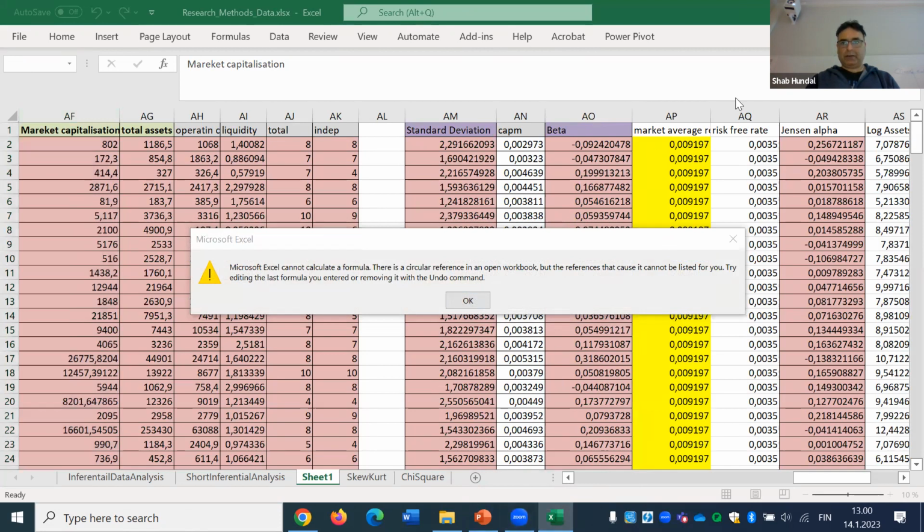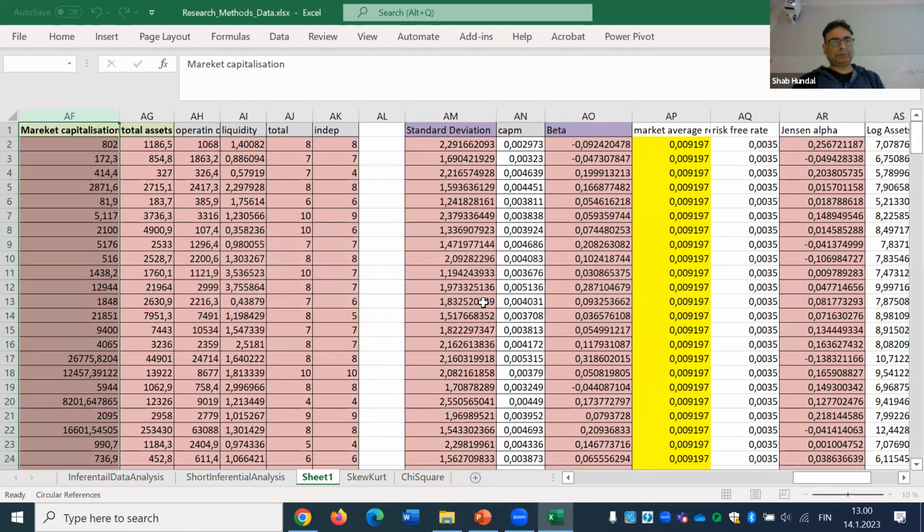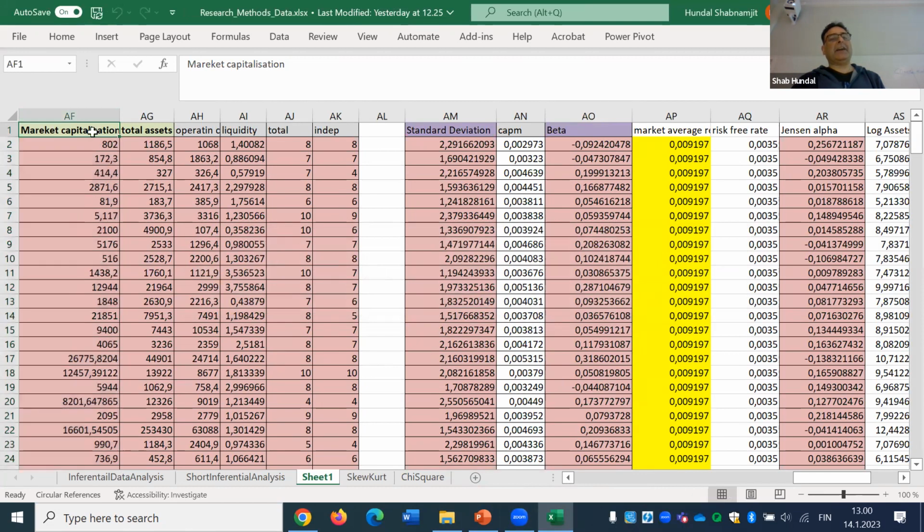I think you can see it. Anyways, look at these variables. For example, you can see the company's market value, assets, operating profit, this, that. So this is how the variables look like.